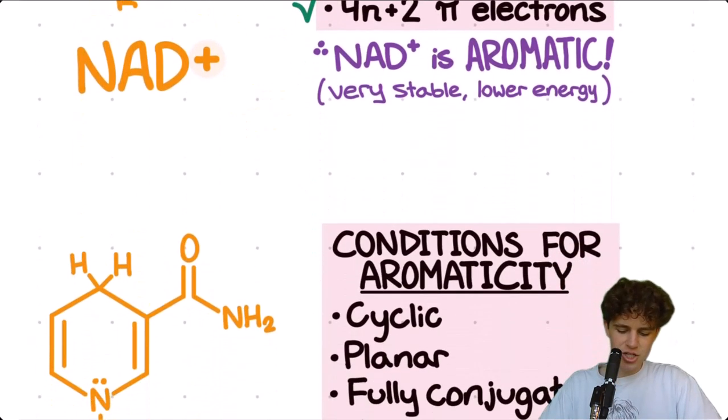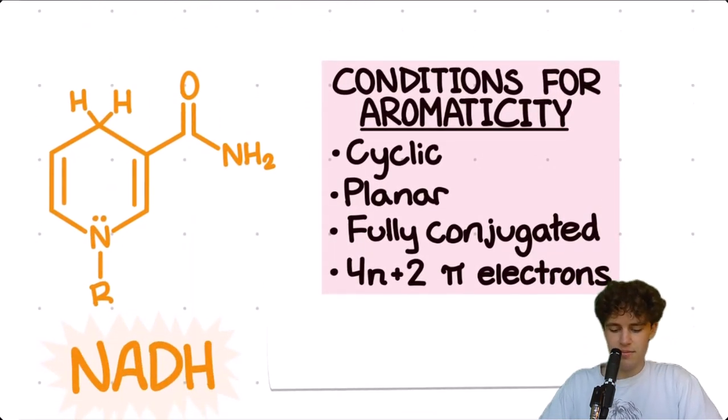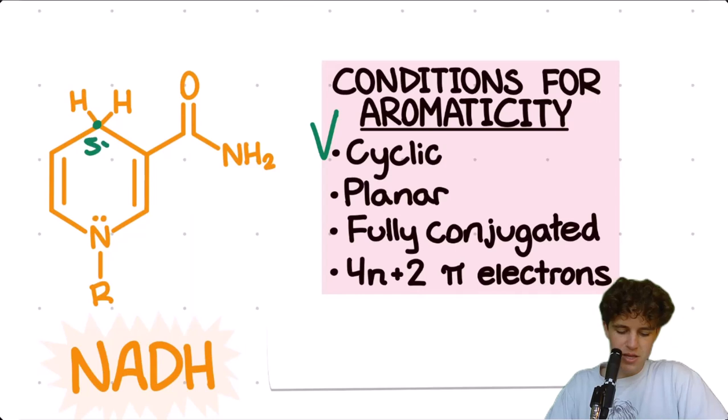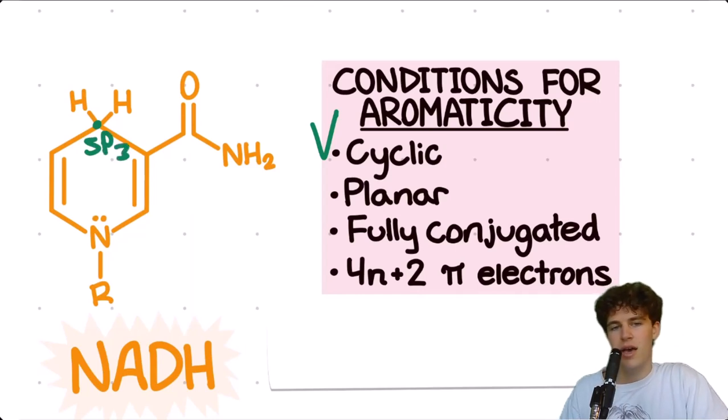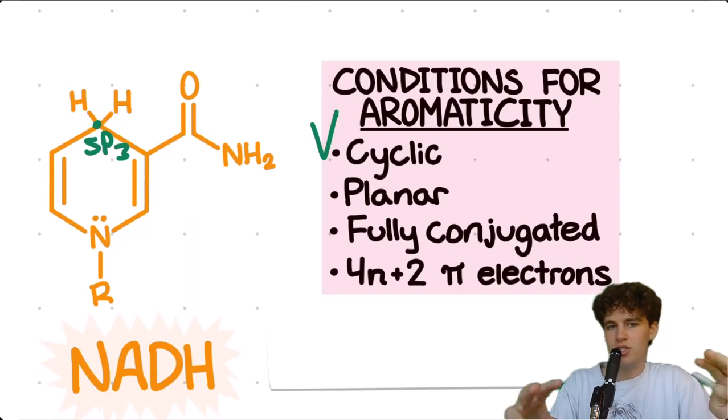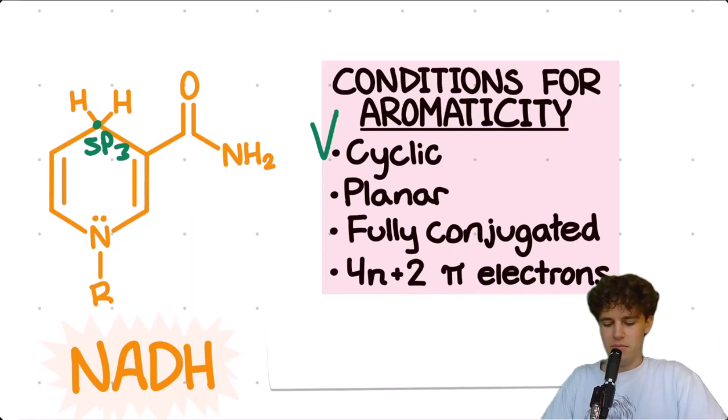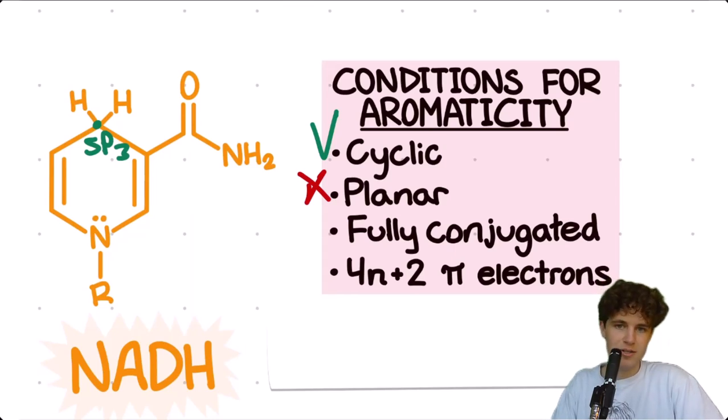Let's look at NADH. Is it cyclic? Once again, yeah, it has that ring. Is it planar? Now this time we actually have an sp3 hybridized carbon, and this carbon isn't subjugated to trigonal planar geometry. It can actually pucker a little bit, and therefore I can't say that this is planar. Now, is it fully conjugated? Oh geez, well we got this sp3 carbon in the way and we don't have adjacent pi bonds anymore, so no, it's actually not fully conjugated.